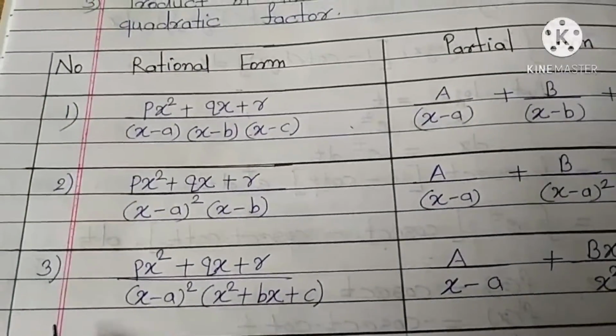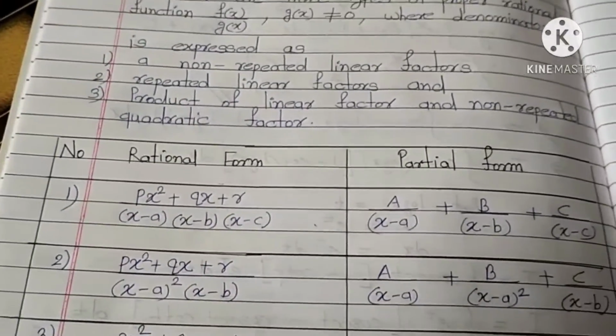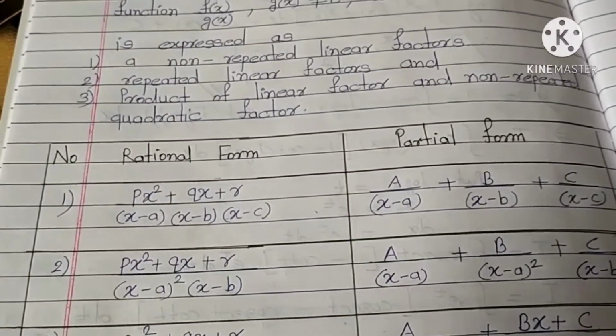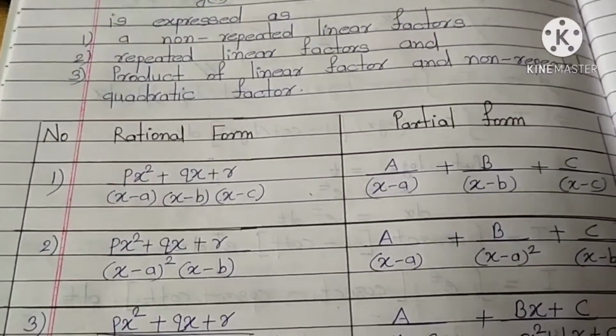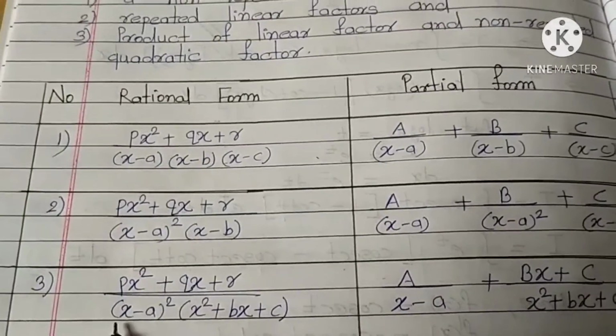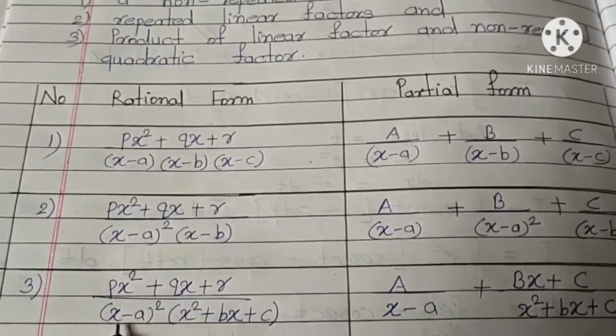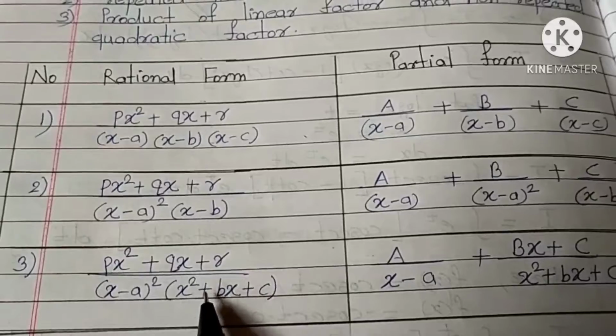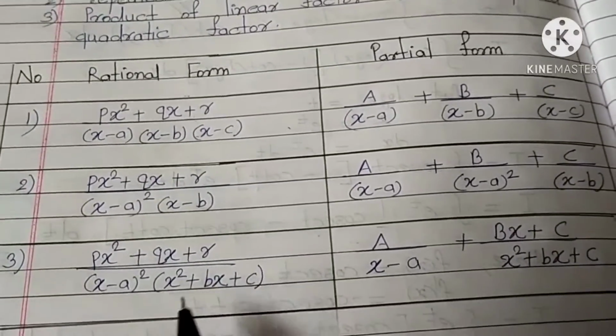Now we move to our third type, that is a product of linear factor and non-repeated quadratic factor. You can observe that here is a linear factor and this is a non-repeated quadratic factor.